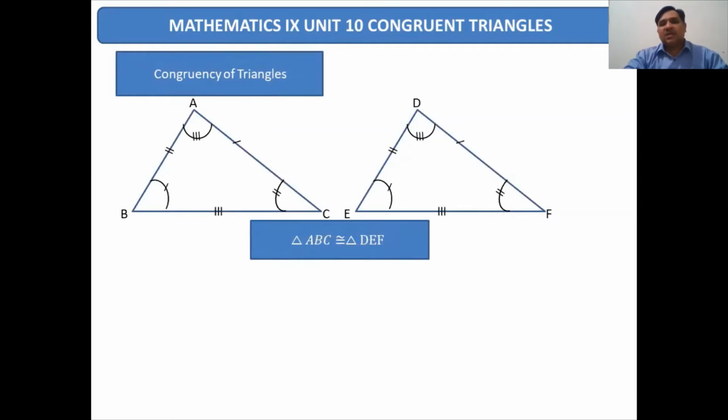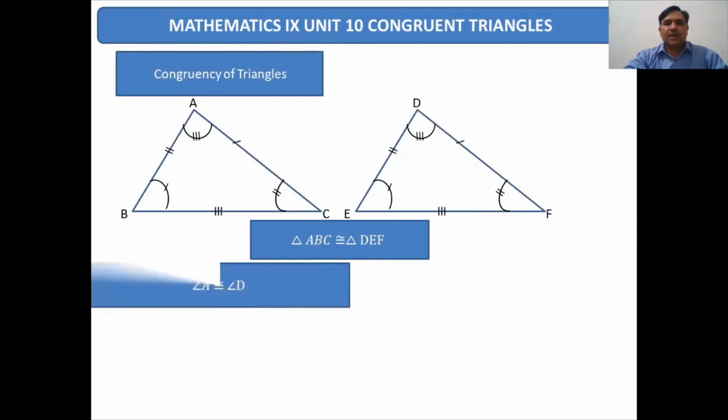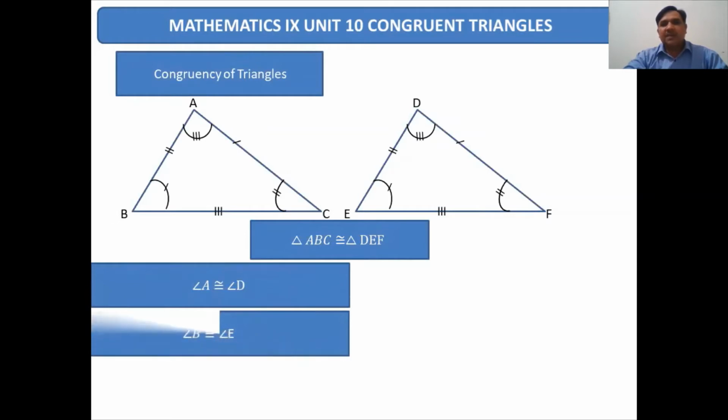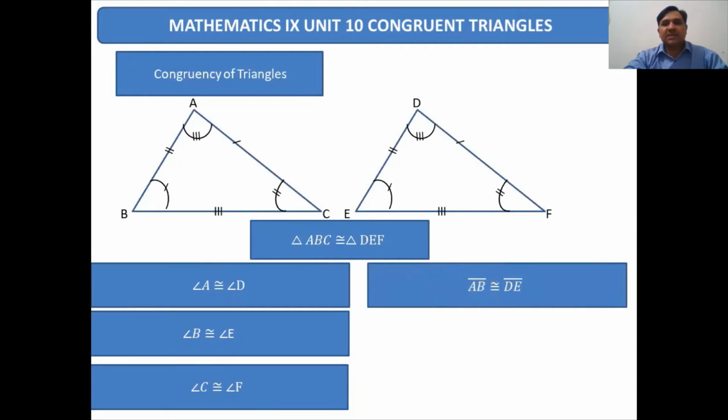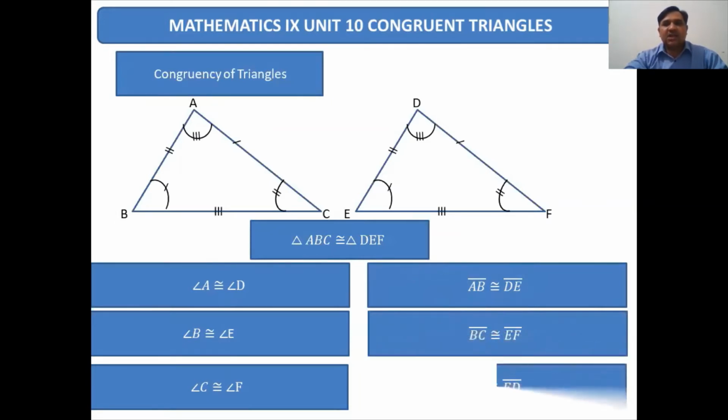Triangle ABC is congruent to triangle DEF if angle A is congruent with angle D, angle B is congruent with angle E, and angle C is congruent with angle F. Also side AB is congruent with side DE, side BC is congruent with side EF, and side CA is congruent with side FD.